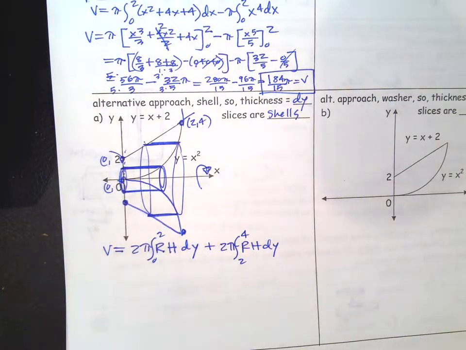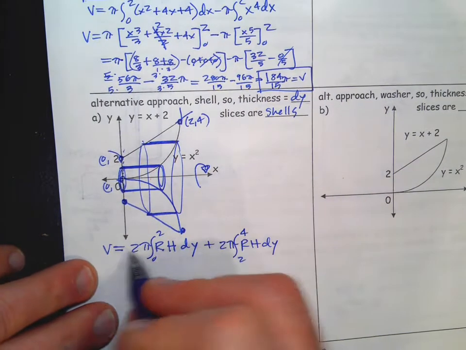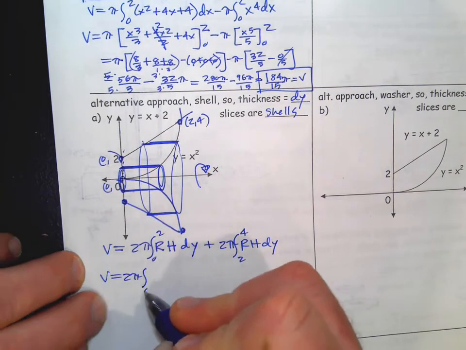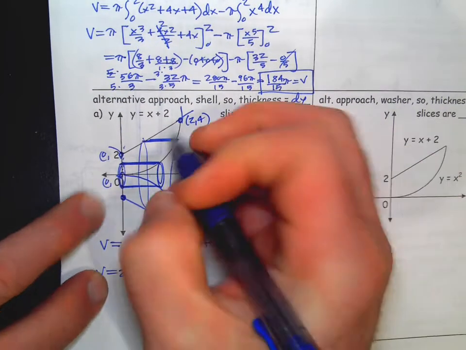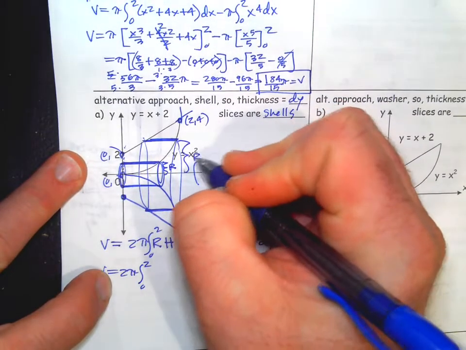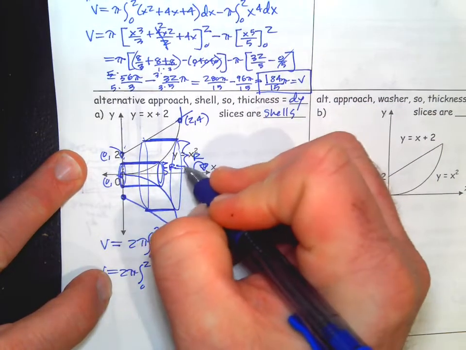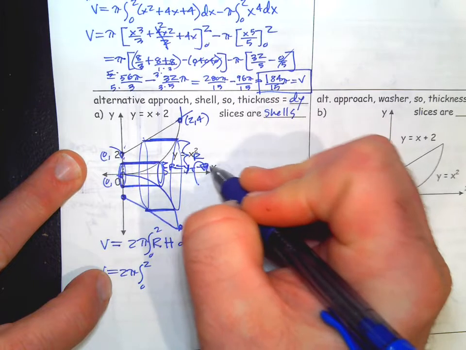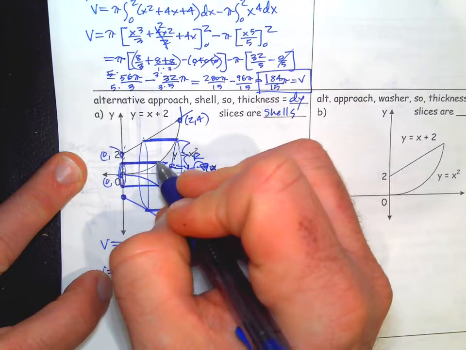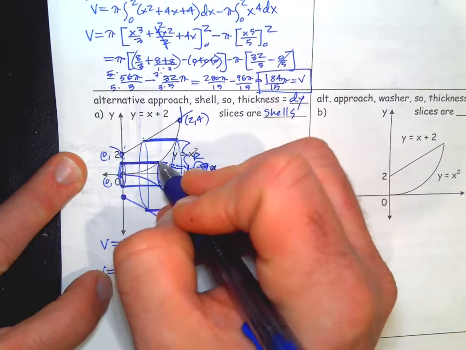Now, this is potentially the most confusing part. How do we find these dimensions? So the radius of the shell is this. This is the radius of the shell. And the radius of the shell is y top minus y bottom for both of these, but this is what's happening right here. It is not connected to the curves. Is it this curve, this curve, this curve?